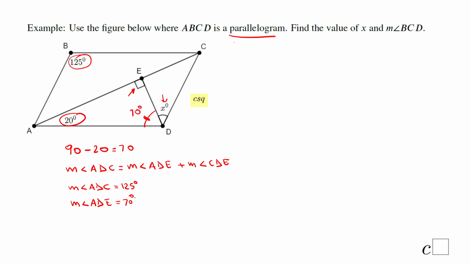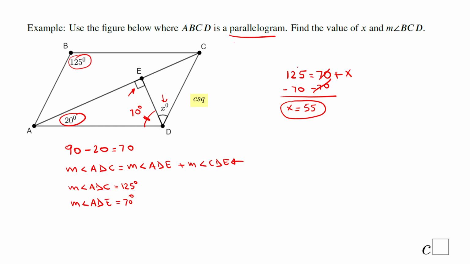So now we can go back to this equation and replace them, and we have 125 degrees equals 70 plus, and this angle CDE, it's x. One more step to find x is to subtract 70, and we have x equals 125 minus 70, which is 55 degrees.